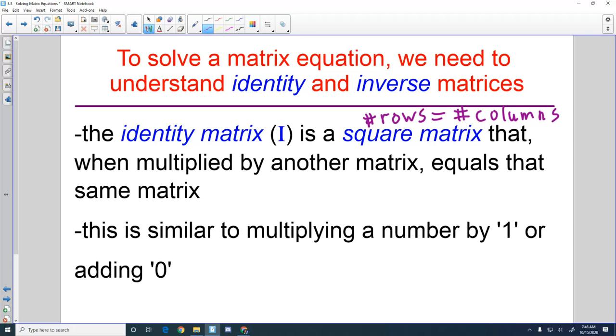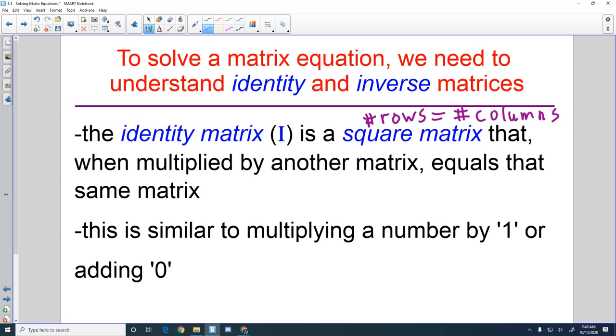Does that ever happen? Yeah, what number would I multiply by? A 1, right? We've done that before. So 1 is actually considered the identity number for multiplying, because when you multiply something by 1, it doesn't change it. Addition has an identity number as well. If I'm adding something, 6 plus what number still equals 6?